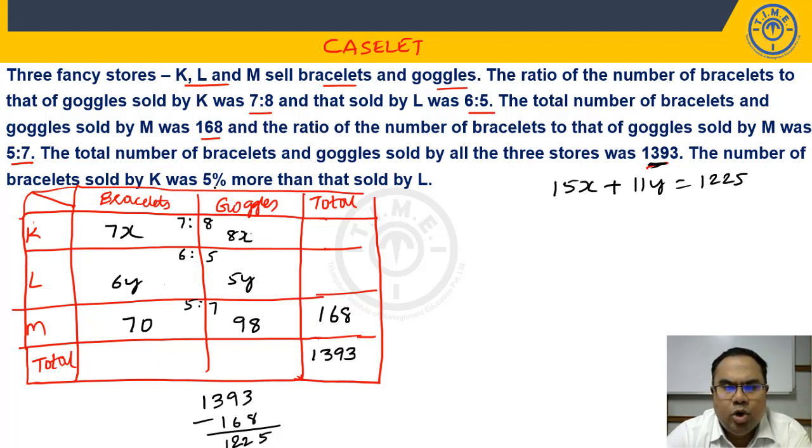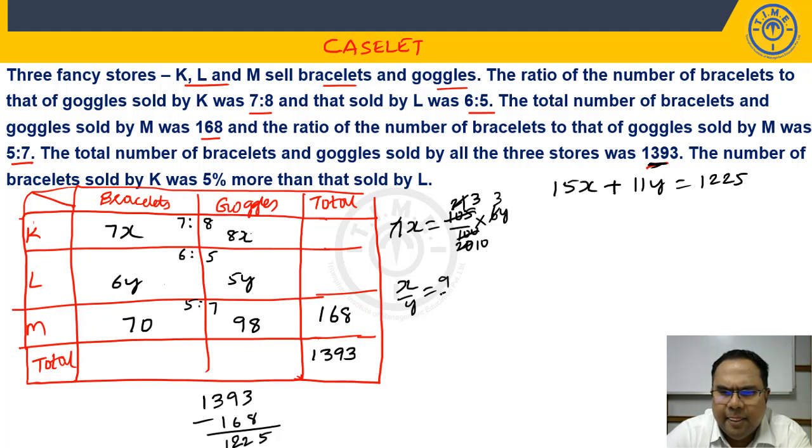Number of bracelets sold by K is 5% more than L. So 7x bracelets, 5% more, it is 105% of bracelets sold by L, 6y. 7 goes 3 times, 2 3s, 2 10s. x by y is 9 by 10.